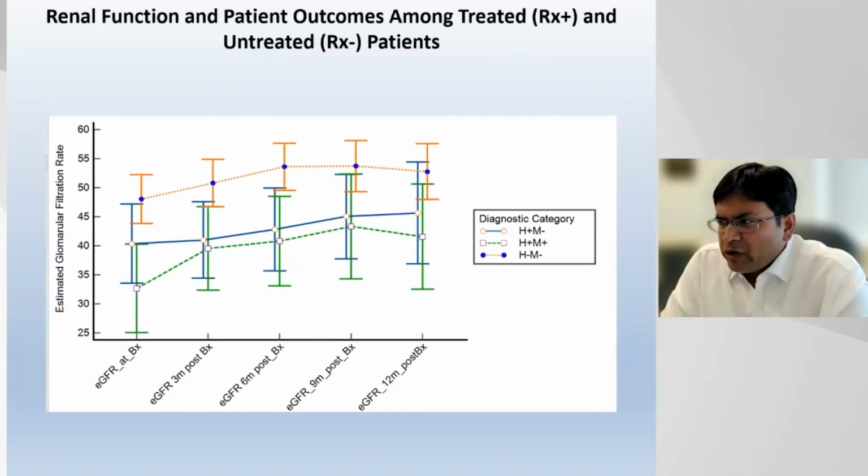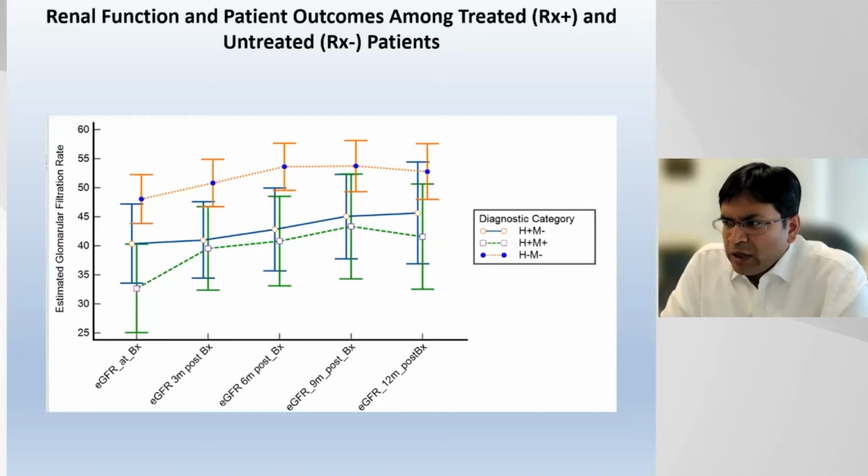So renal function as measured by GFR was measured here on this slide, and this is GFR at biopsy, at the index biopsy on the left, and then over time, over the next 12 months of follow-up after the initial biopsy. And what you see is the GFR was worse at the time of biopsy in the H plus M plus group, which is the dotted green line, and the average was around 35 there.